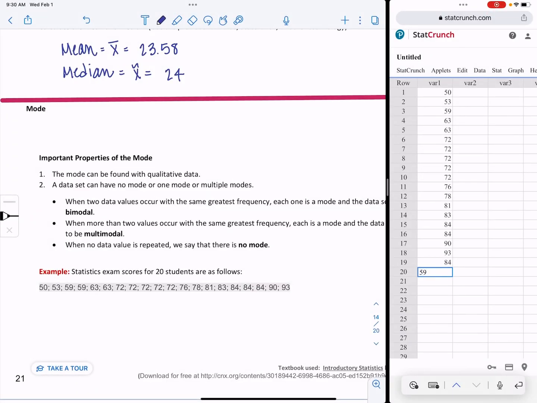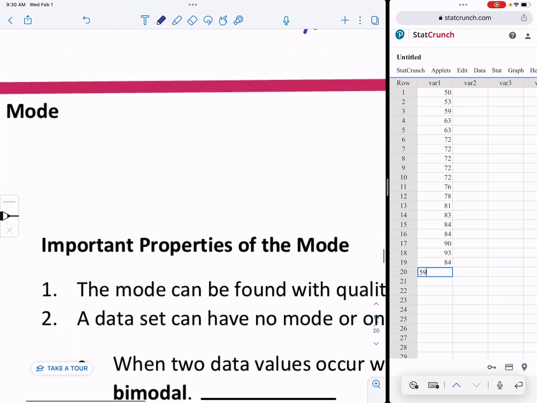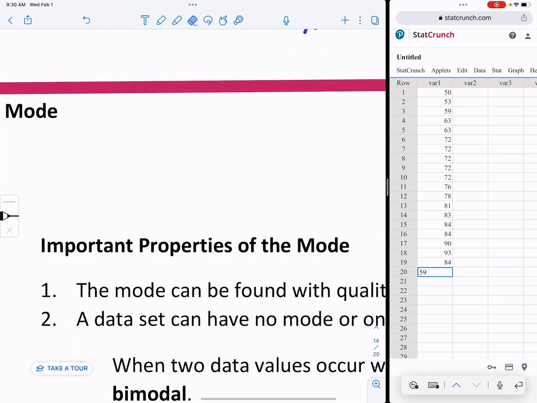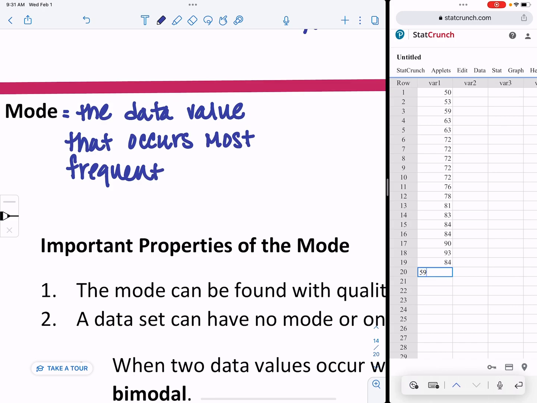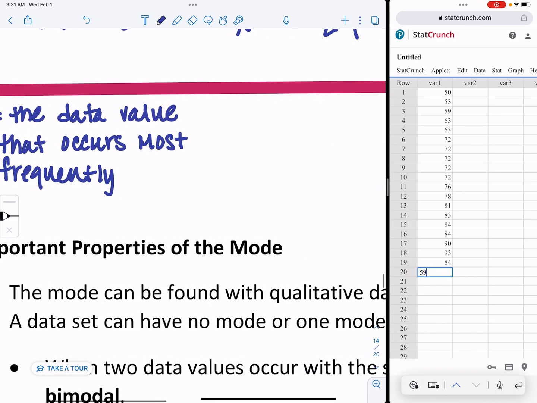Welcome back. Now we are going to look at our third measure of center, also known as the mode. The mode is the data value that occurs most frequently in the data set.